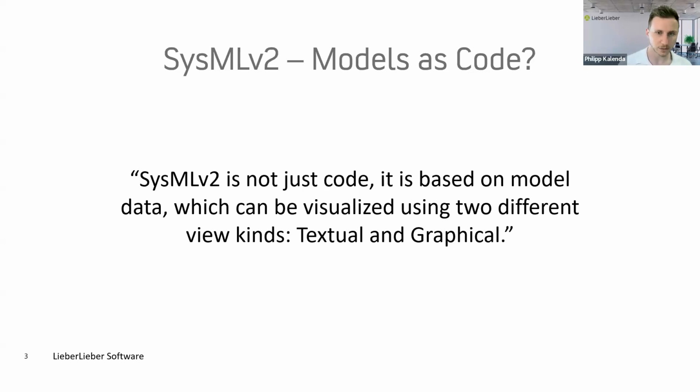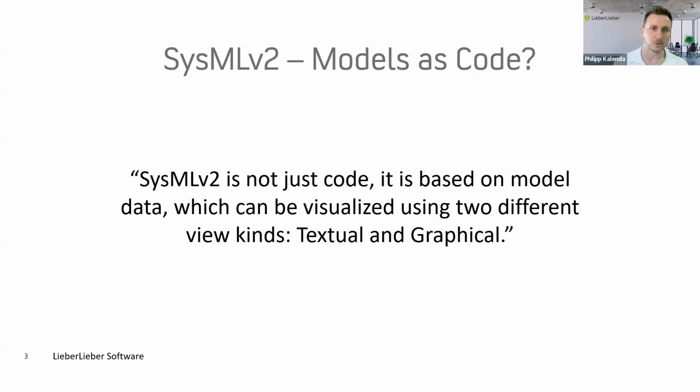You can use the textual notation, you can use the graphical notation. Both are valid representations of the underlying model. So it's not that one or the other is the leading format. Both are on the same level. You can even use them side by side simultaneously if the tool supports this, but there is no competition between the two. Both are valid and both represent the model. Both are renderings of the underlying model.